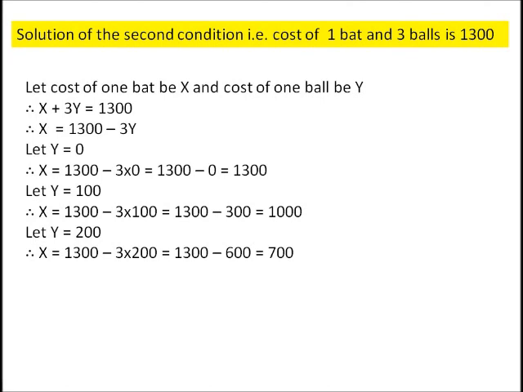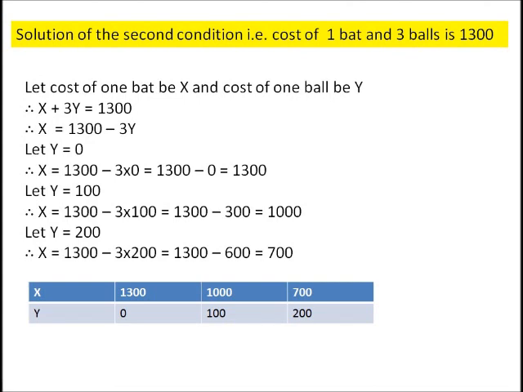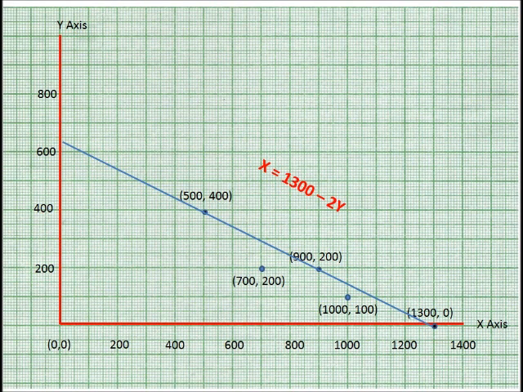So arranging these values of x and y in the tabular form, we get x is equal to 1300 for y is equal to 0, and x is equal to 1000 for y is equal to 100, and x is equal to 700 for y is equal to 200. Now mark these 3 points on the graph, that is 1300, 0, 1000, 100 and 700, 200.